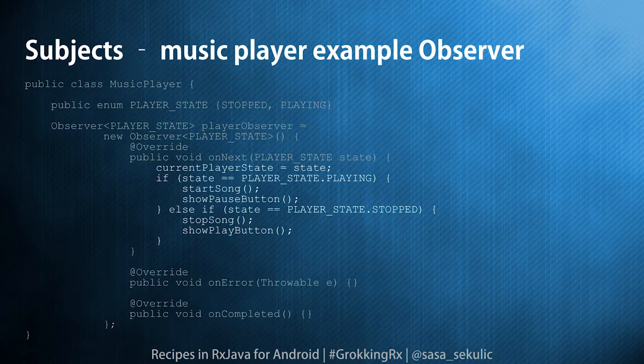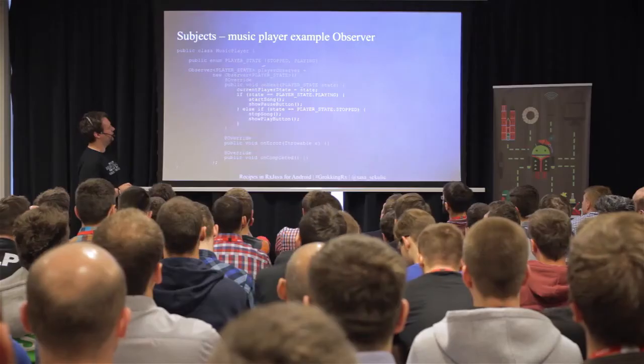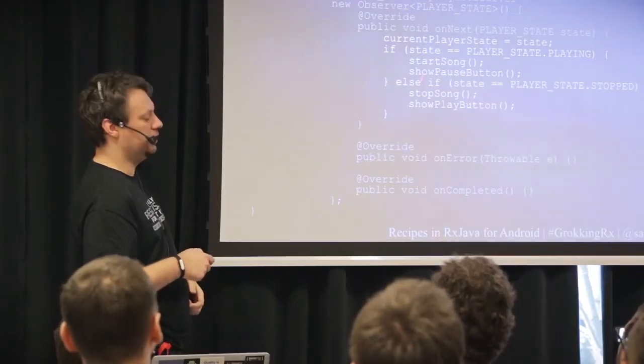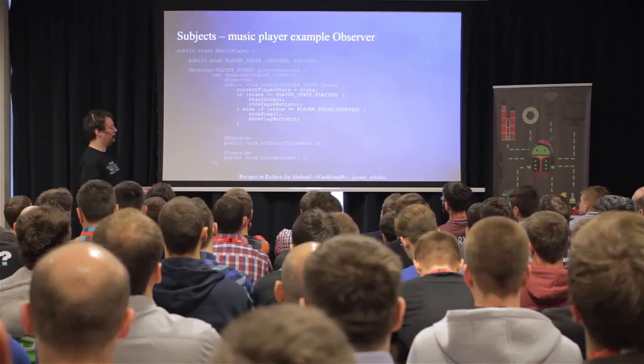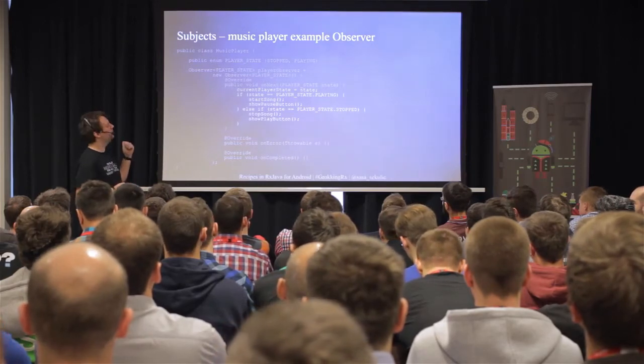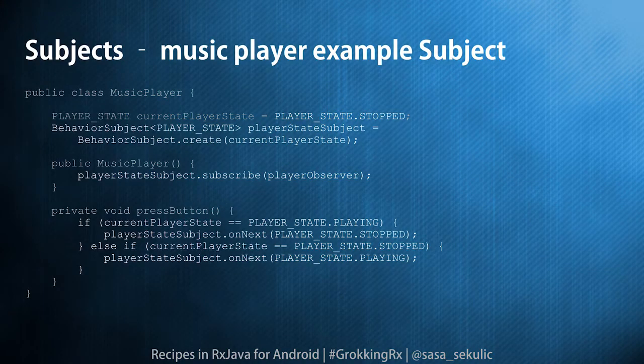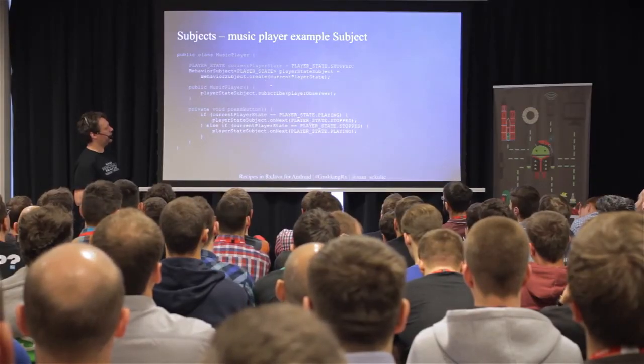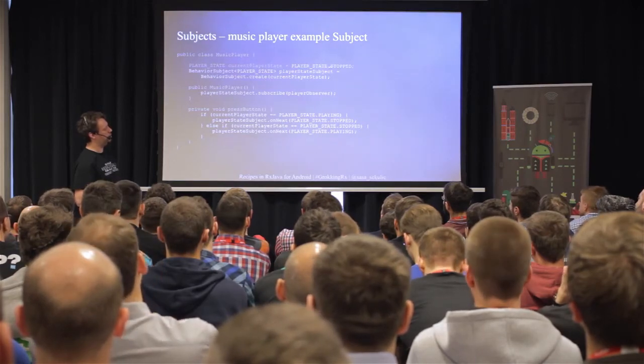So let's start with the code. We have our basic enum that has 2 states, and we have the onNext that will deal with the states. That's the basic observer that we've seen previously. And this is how we actually create the state. We have a subject. We say, okay, this is a behavior subject, and it will initialize with the current player state, which we set as stopped.